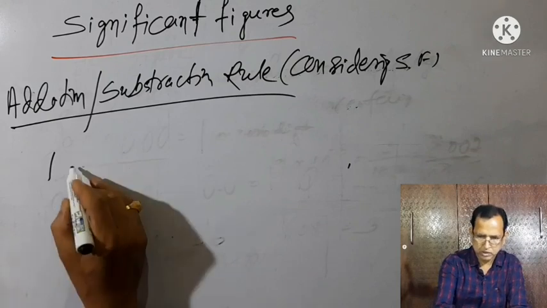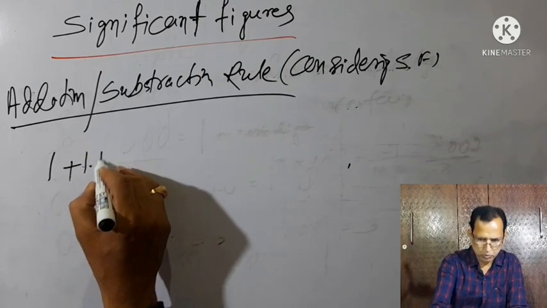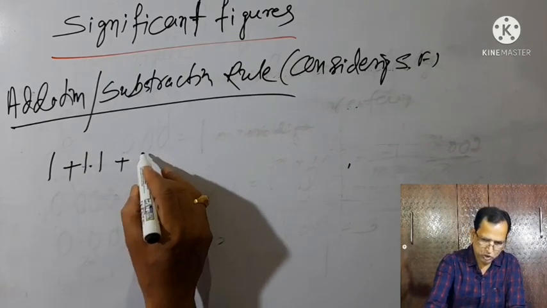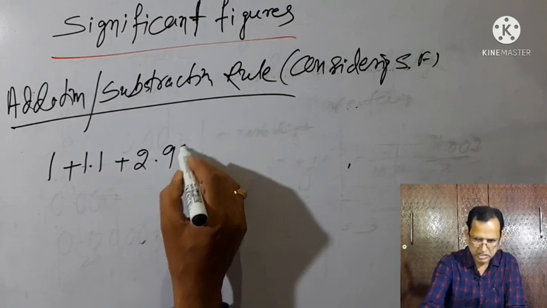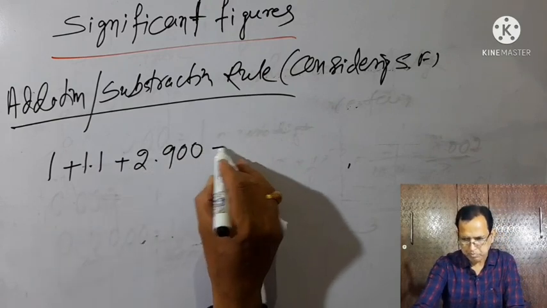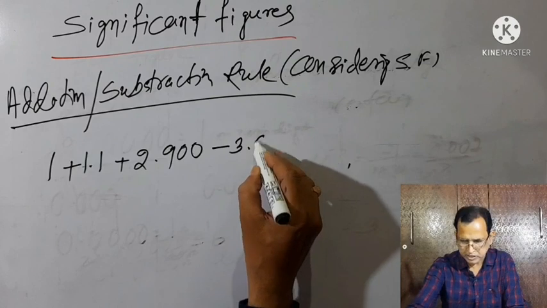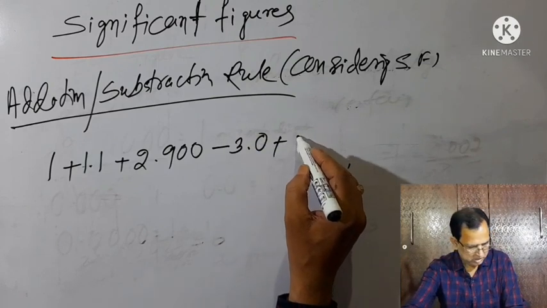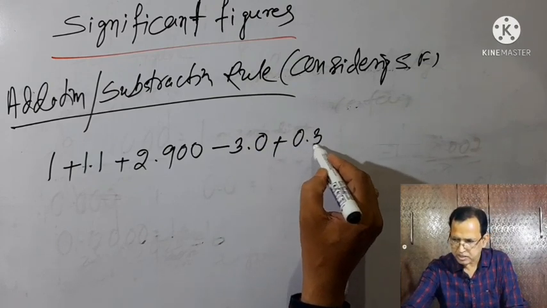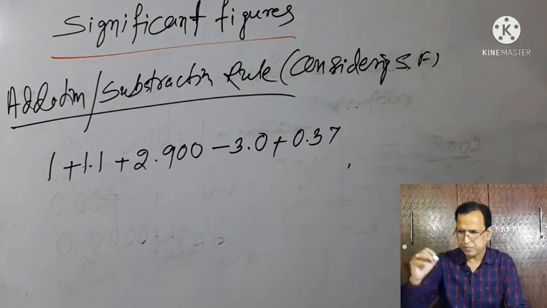Suppose one example: 1 plus 1.1 plus 2.900 minus 3.0 plus 0.37.